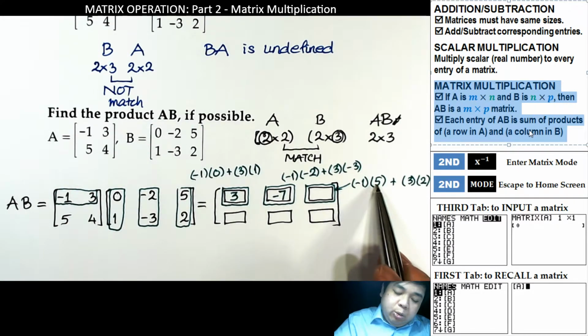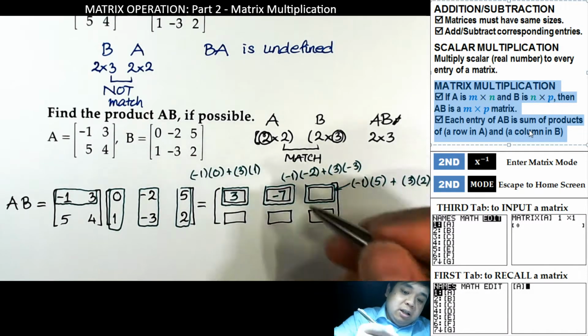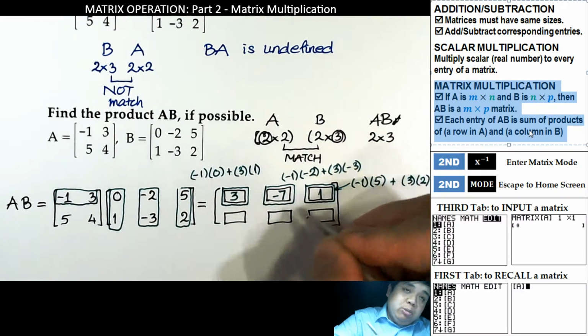So that will be -5 plus 6, which will be 1.